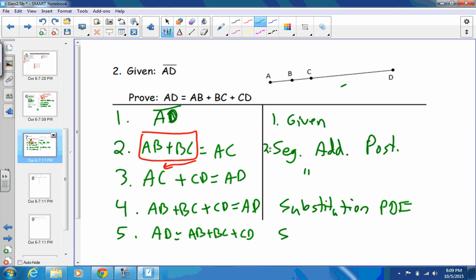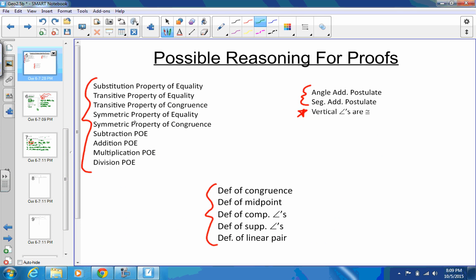This is 2, this is 3, this is 4, we'll do step 5. The symmetric property of equality, right? So we did the symmetric property of equality, and it was right there. It's not the transitive, and we're missing the reflexive in here.